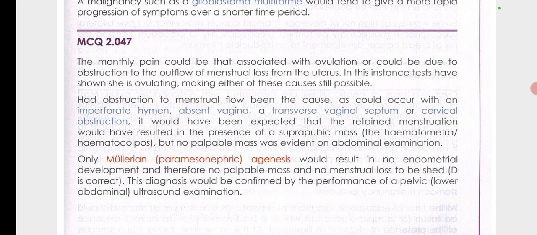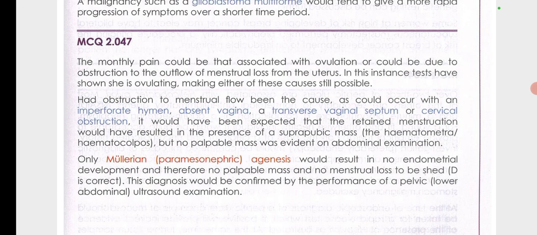Had obstruction to menstrual flow been the cause, as could occur with an imperforate hymen, absent vagina, a transverse vaginal septum, or cervical obstruction, it would have been expected that the retained menstruation would have resulted in the presence of a suprapubic mass, the hematometra or hematocolpos, but no palpable mass was evident on abdominal examination.